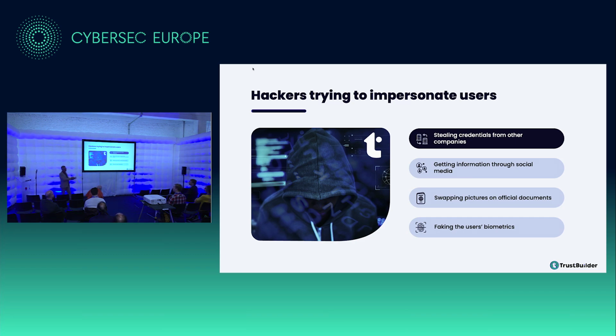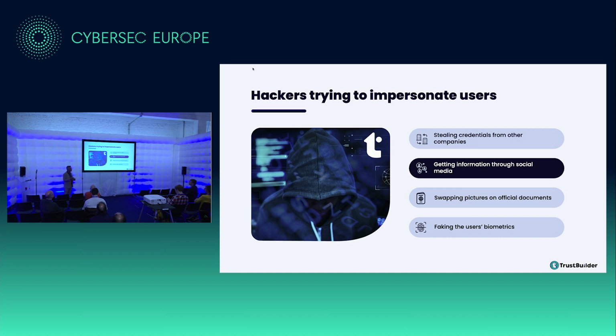Besides all the user issues, there's also the issue of hackers. Hackers are getting credentials from other companies. Even if your information is very secure, they can succeed in accessing data from other services that are hacked. The dark web is full of these accounts where they can get all that information, or they can just go through social media and find some additional information on those users.